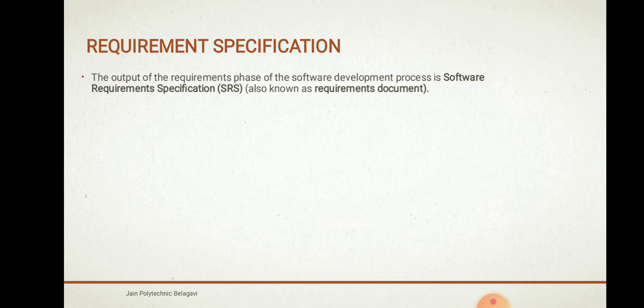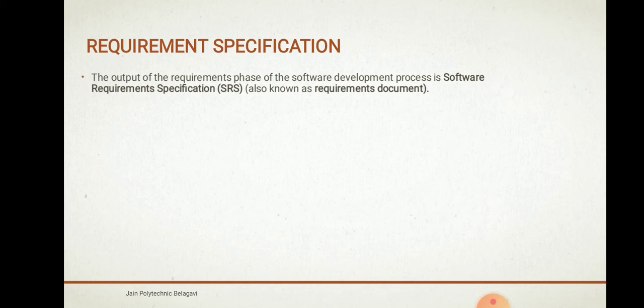Now the output of the requirement phase of the software development process is the software requirement specification. The requirement phase output will always be a document. Once the requirement phase has finished, the developer will get a software requirement specification, also known as the requirements document.